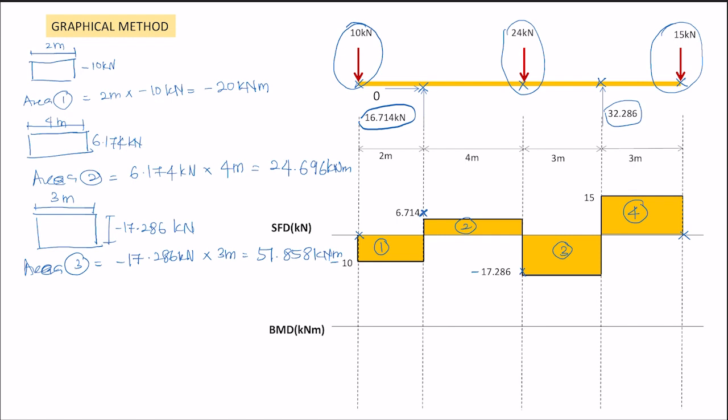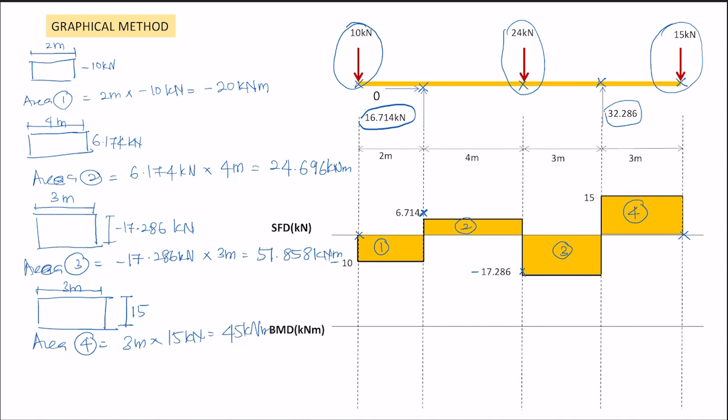For area number 4, the width is 3 meter and the height is 15. Therefore, area 4 is 3 meter times 15 kilonewton. You will get 45 kilonewton meter.